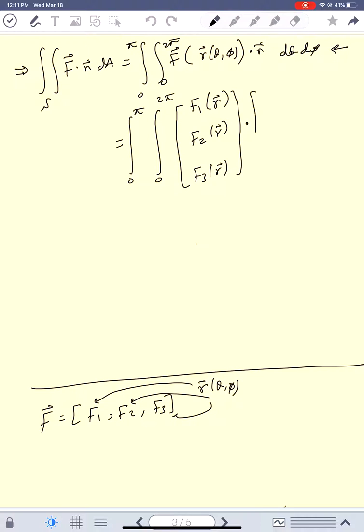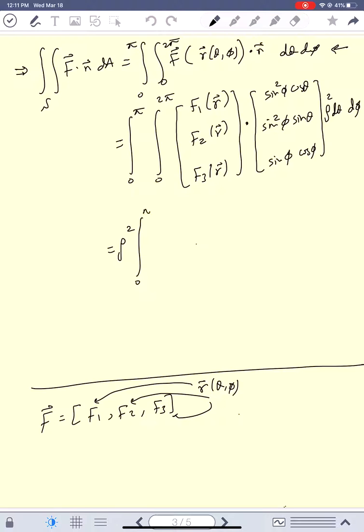This is multiplied, as a dot product, with rho square, remember we have rho square, times sine square phi cosine theta, sine square phi sine theta, sine phi cosine phi. This was the normal vector. So all of this is multiplied with rho square, d theta d phi. Okay? So rho square is a constant, the integral from 0 to pi, from 0 to 2 pi.